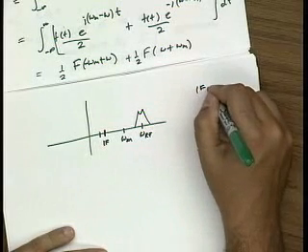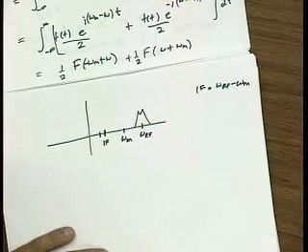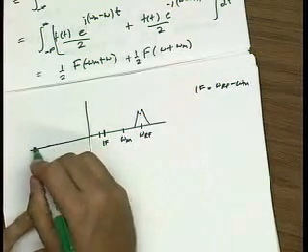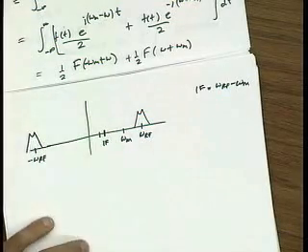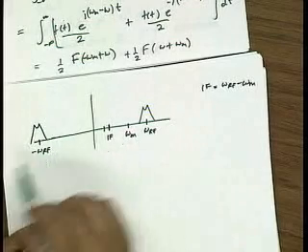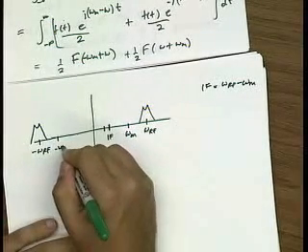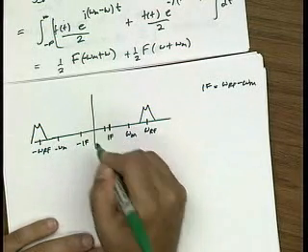IF is omega rf minus omega m. And because this is a real spectrum, I have to also consider the fact that it's an even function, and so if I transmit this, I also have to transmit this, right? So then I also have two frequency components and a minus IF frequency.